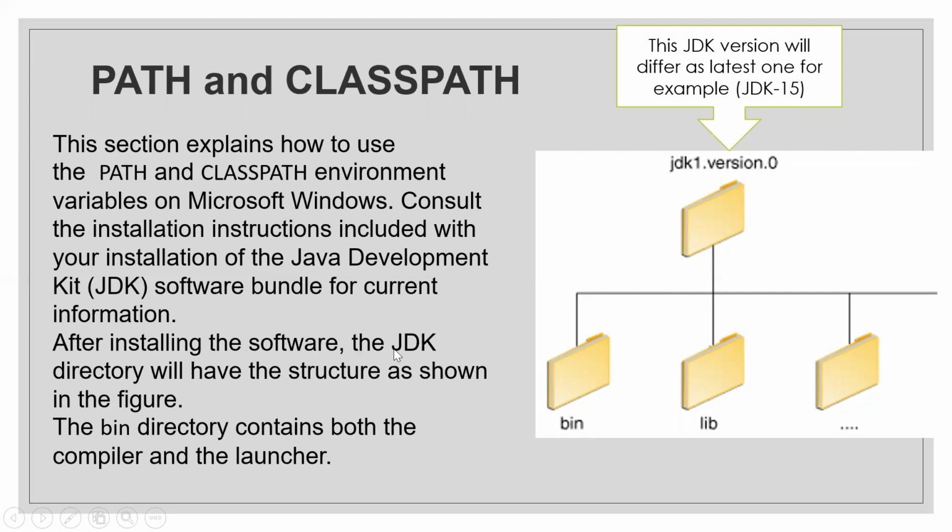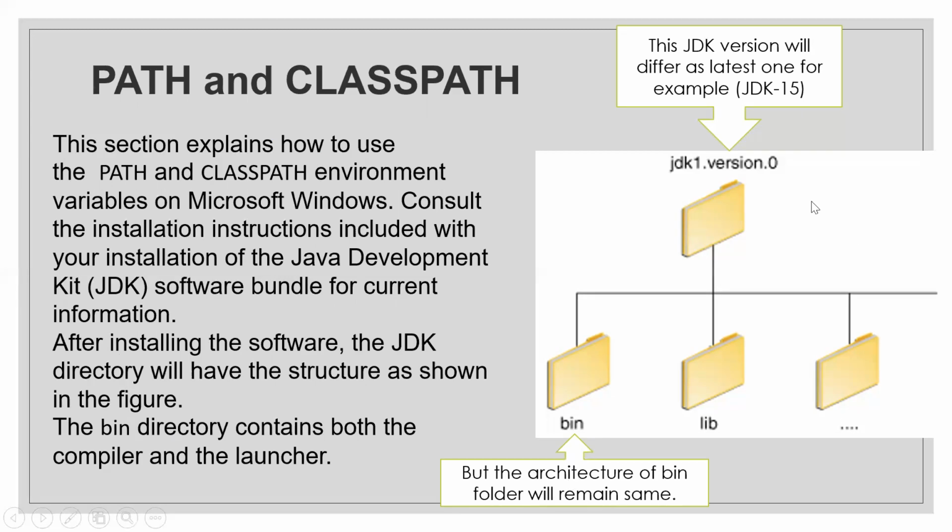After installing the software, the JDK directory will have the structure shown in the figure. The bin directory contains both the compiler and the launcher, but the architecture of the bin folder will remain the same. If we see the folder configuration of the operating system, it will remain the same. The only difference is whichever Java Development Kit version you downloaded and expanded here.